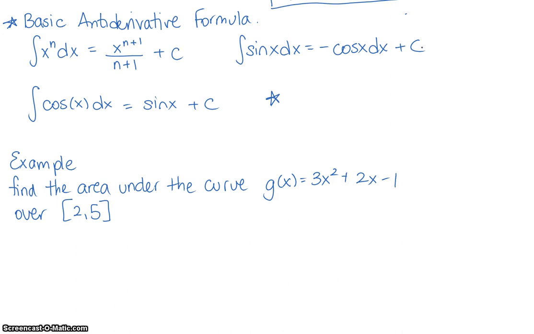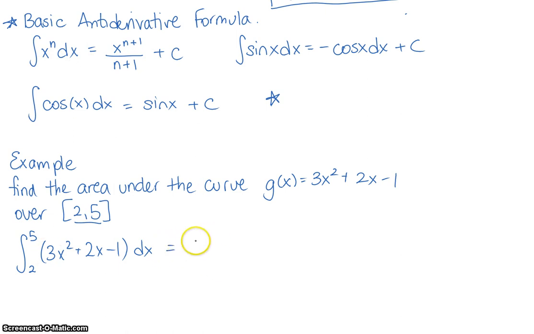So we find the area under the curve of g of x from 2 to 5. Now in this one here, they actually give it to you in a word statement. They don't actually set it up for you, so you do need to know how to set this up as well. When we're taking the area under the curve, we're going to take the integral of your g of x from 2 to 5. That's your interval range. And again, we're going to use our power rule and the fact that you can add the two parts and you bring your constant up front.